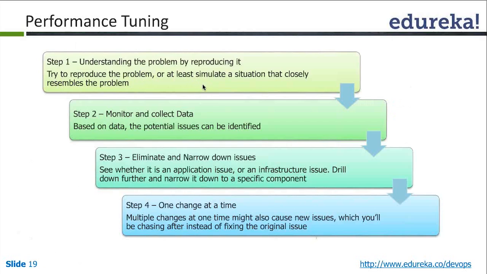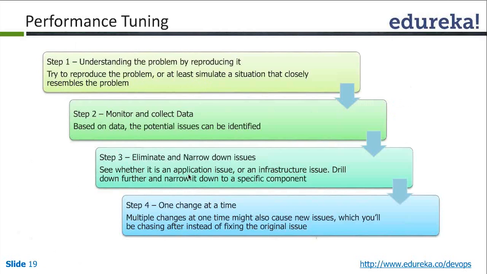Once we notice any anomalies there, we would pull in the dev team to analyze it, and that's how we do it. We monitor and collect data, and based on the data potential issues can be identified, then eliminated and narrowed down.